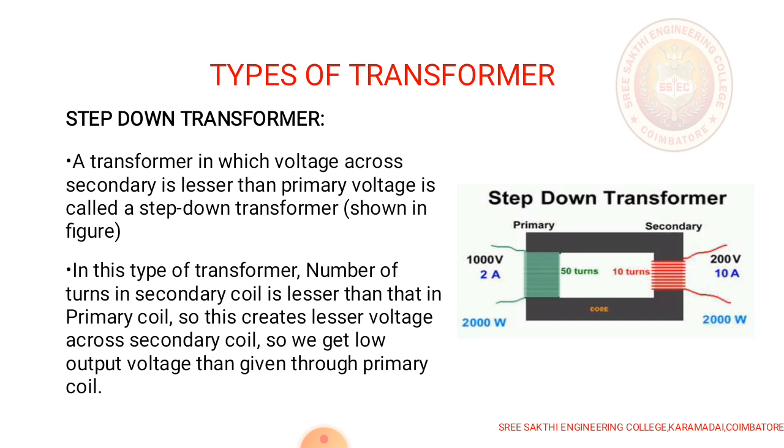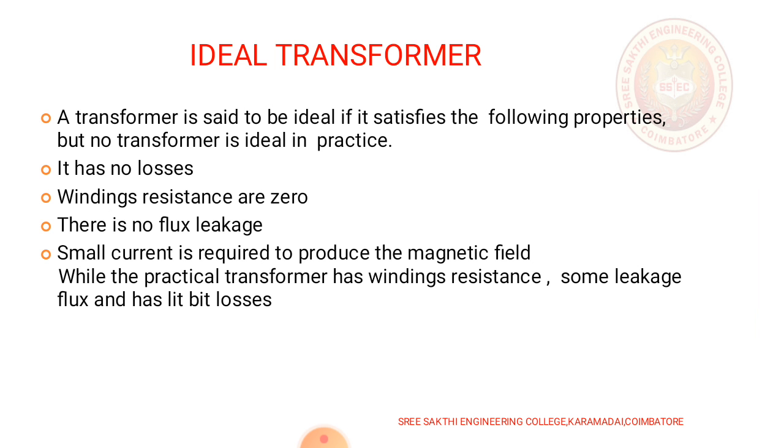Step down transformer. A transformer in which the voltage across the secondary is lesser than the primary voltage is called a step down transformer. In this type, number of turns in the secondary is lesser than the primary coil, so it creates lesser voltage across the secondary coil, so we can get low output voltage than the primary coil.